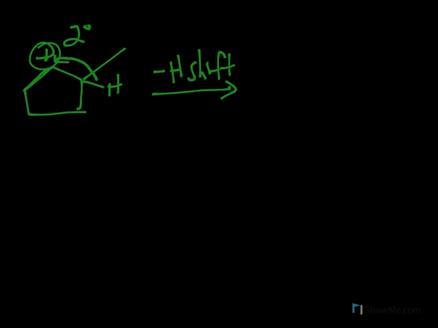Excuse me, it can fill the void that's missing on that carbocation there. And there's already a hydrogen there, so you can give this carbon right here 4 bonds by doing a hydride shift. And if you do that, you are going to get this instead. Now your carbocation has moved from a secondary position to a tertiary position.